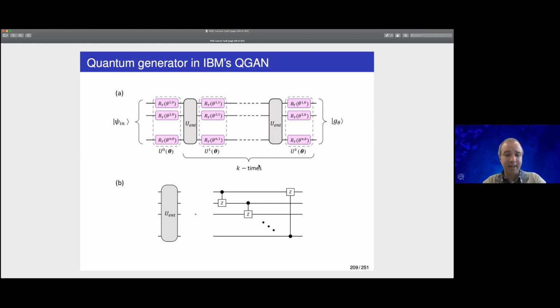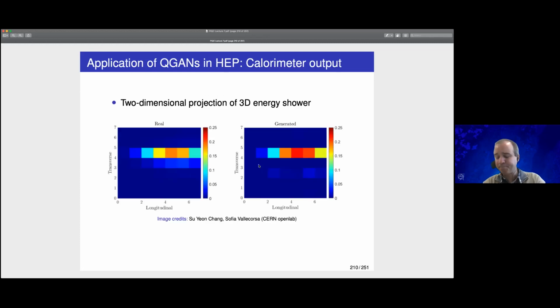And this is the kind of architecture that was used here at CERN Open Lab in order to reproduce images that come from the detection done in calorimeters when you have particle collisions. This is something that has been done traditionally with Monte Carlo methods, and in the last few years, CERN Open Lab has been working extensively in doing this kind of generation of events, or results of events, with classical generative adversarial networks with a lot of success.